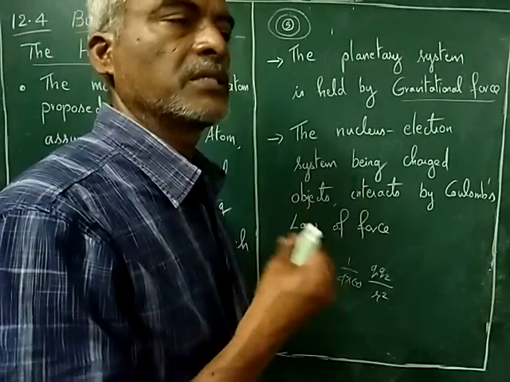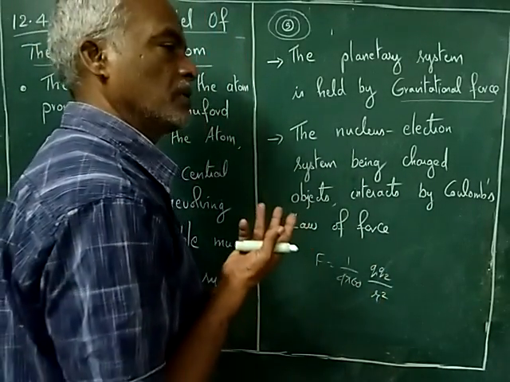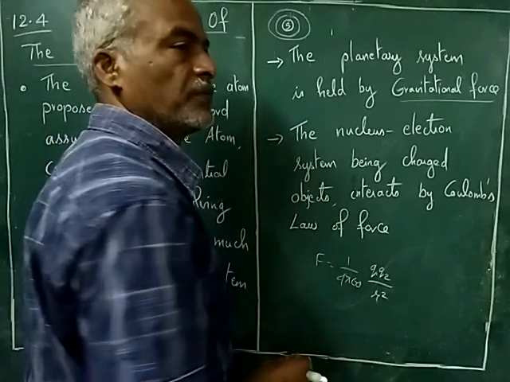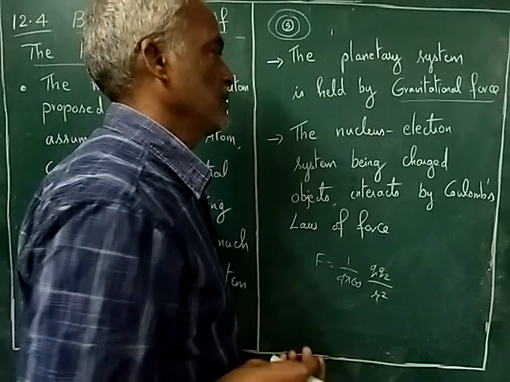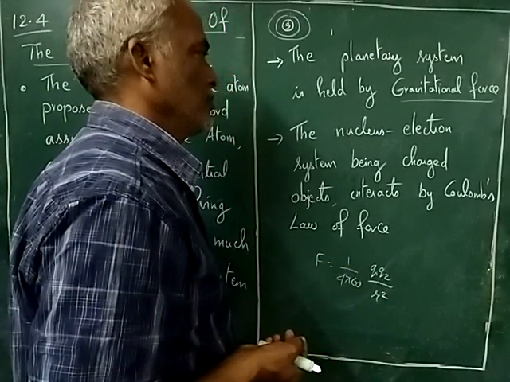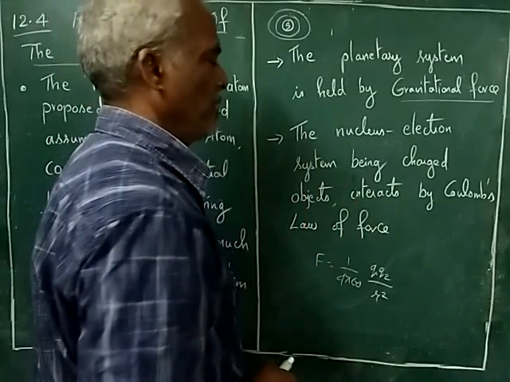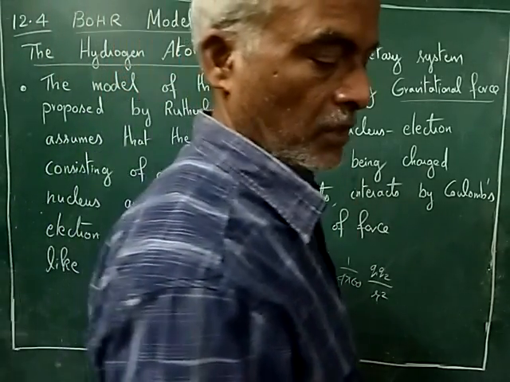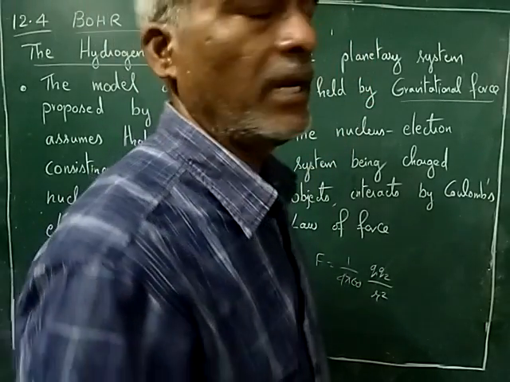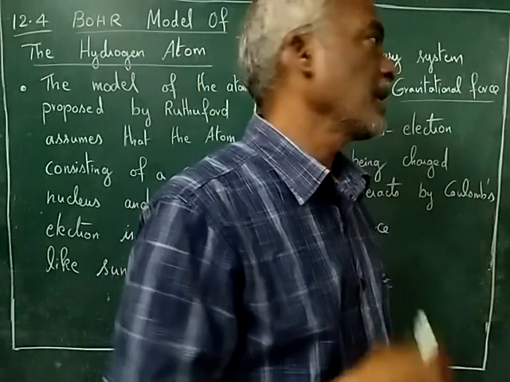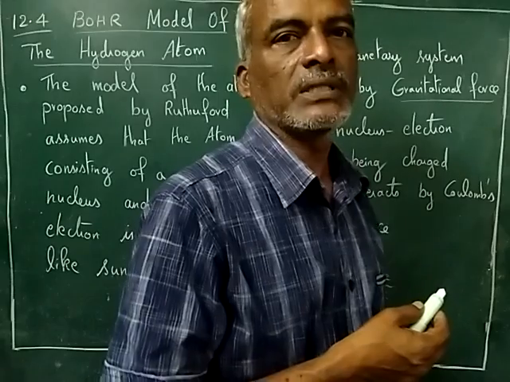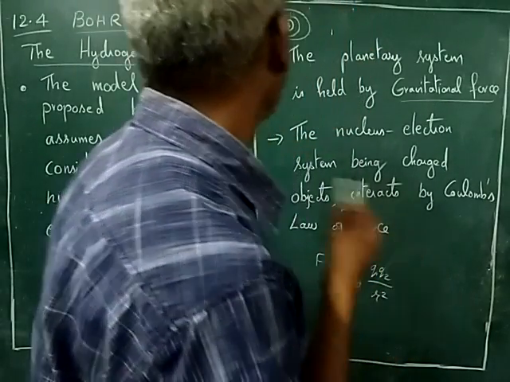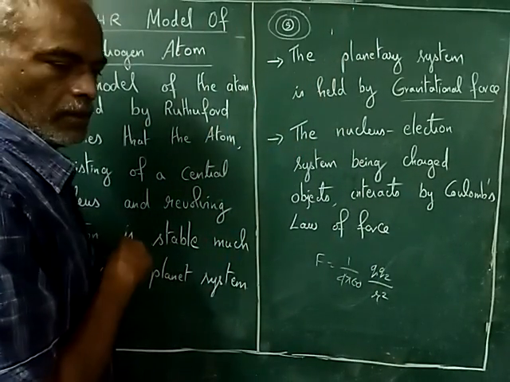It can be attractive or repulsive, depending upon the polarity of the charges. So the nucleus-electron system, being charged objects, interacts by Coulomb's law of force. So we cannot blindly follow the gravitational force assumption made by the Rutherford model.